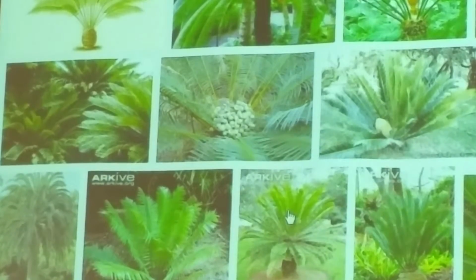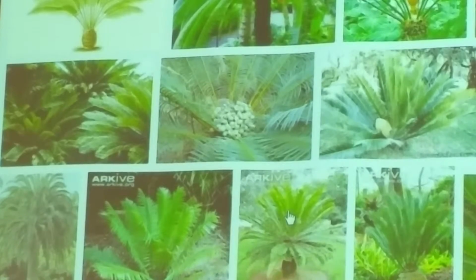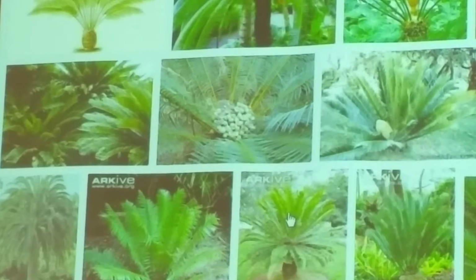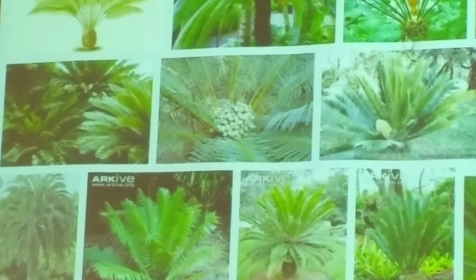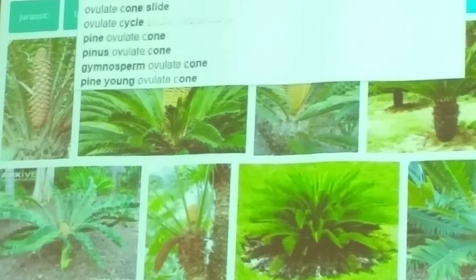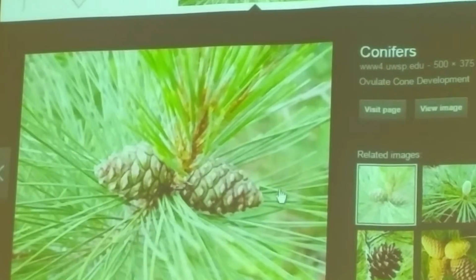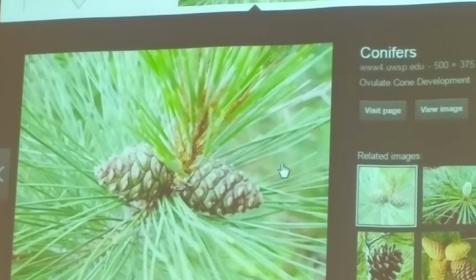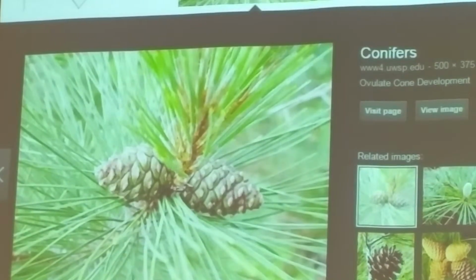So the male, the haploid male microgametophyte can just blow on the wind and get caught by the female's ovulate cone, like on a pine tree or something like that, right? So here's a pine tree's ovulate cones. So this is the sweet, sweet goal of that pollen that gets blown out everywhere, right? Show pollen cone.